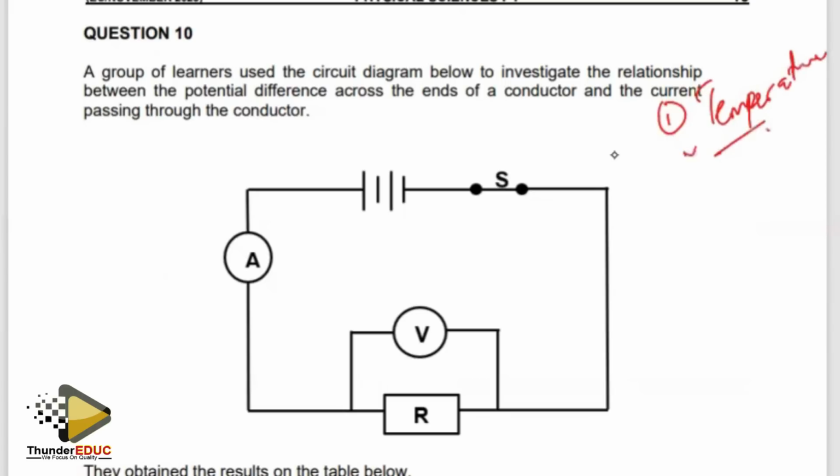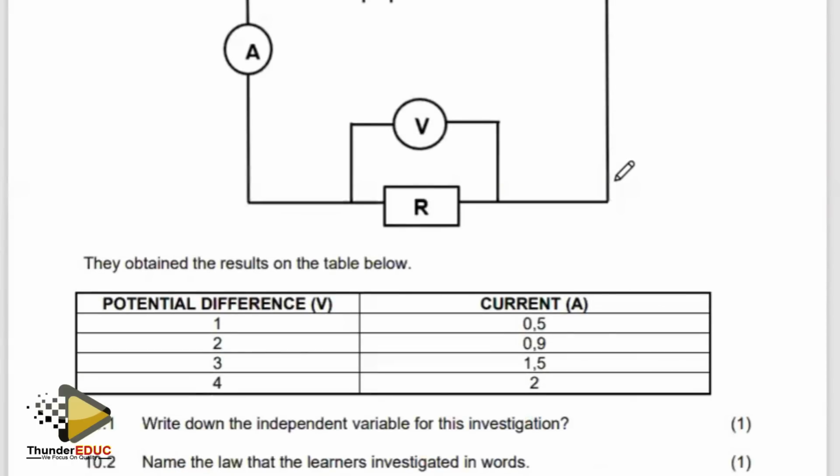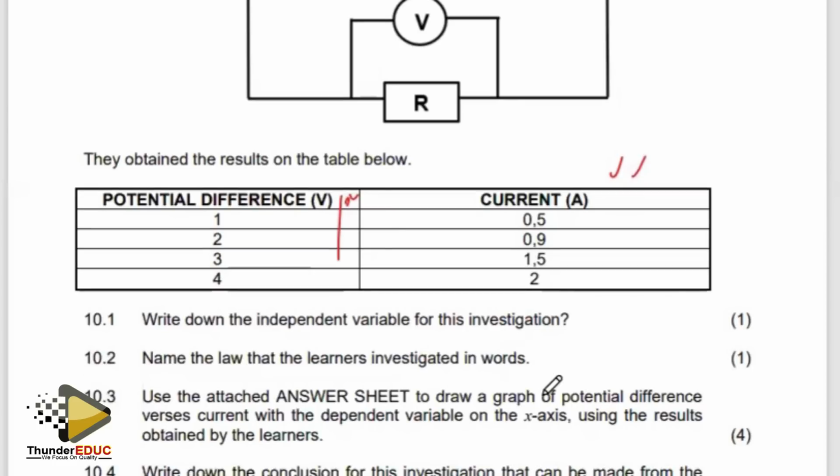Temperature is one of the variables that are independent. Alternatively, one could also look at the potential difference, since this is going to represent our X variable. So the PD can be our independent variable. And then the current, since it is depending on this, becomes the dependent variable.